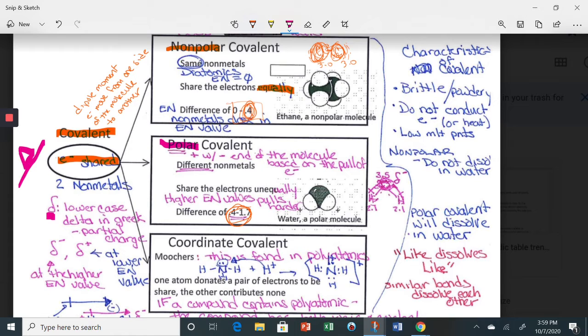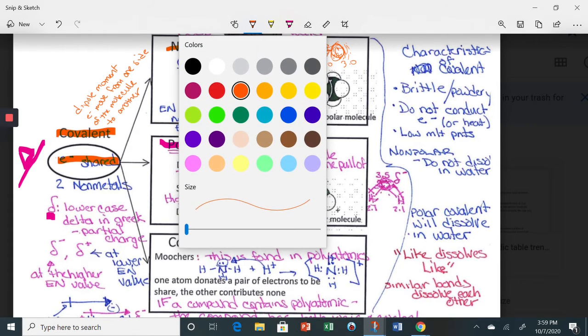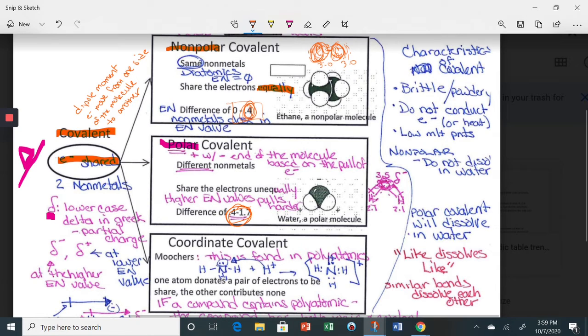I'm so silly, that's my highlighter, but it'll still work. This is lowercase delta. It looks like a D with a little handle on it. So you can almost write it that way. It's got that little swoopy thing. It almost looks like a weird musical note.